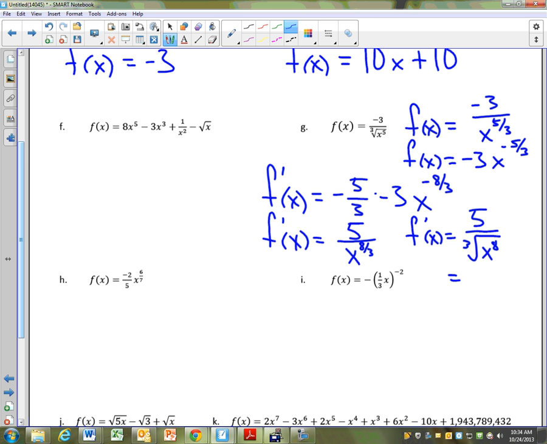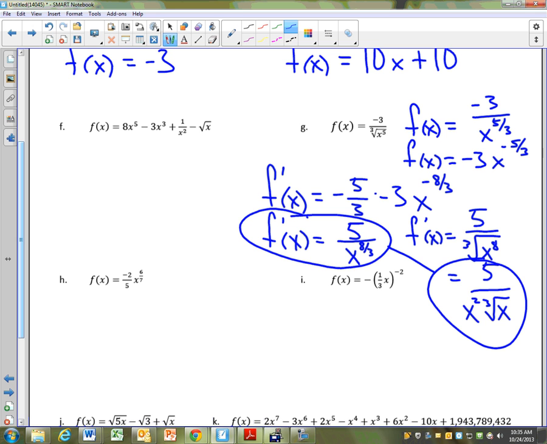So technically, you would have to write this as 5 over x squared cubed roots of x. So you can either leave it like this, or you can leave it like that. Either one is up to you, and your book sometimes has both situations answered that way. Oh wait, I'm sorry. Squared. I'm sorry. Squared. I have a negative 5/3 times a negative 3.